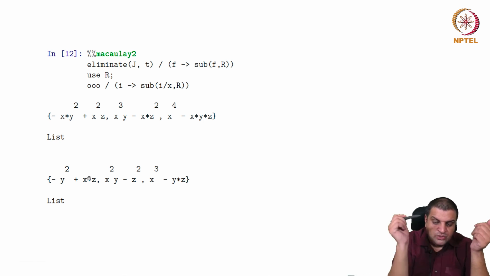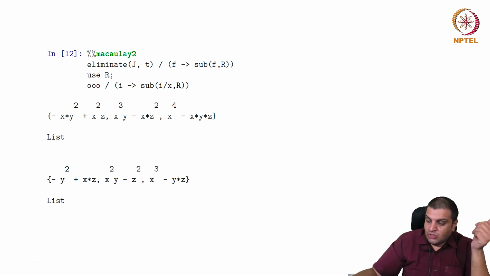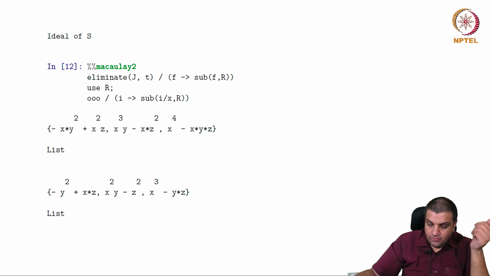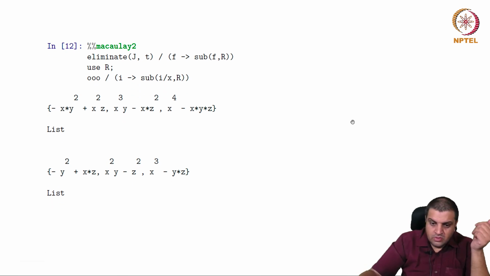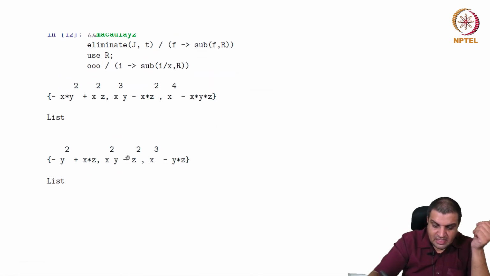So minus y square plus xz, here x square y minus z square, and this is what the saturation was for x. Notice that when we saturated, this is what we had got: y square minus xz, z square minus x square y, and x cube minus this. And that's exactly what we got here.